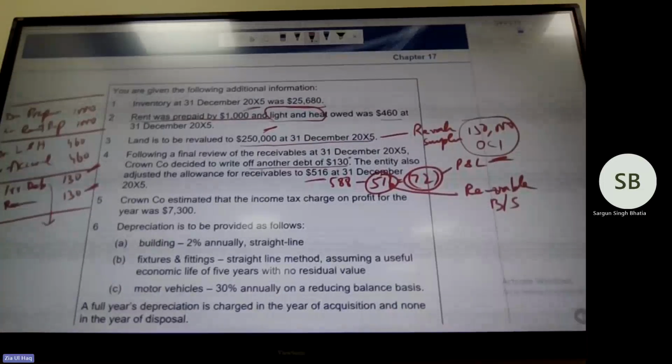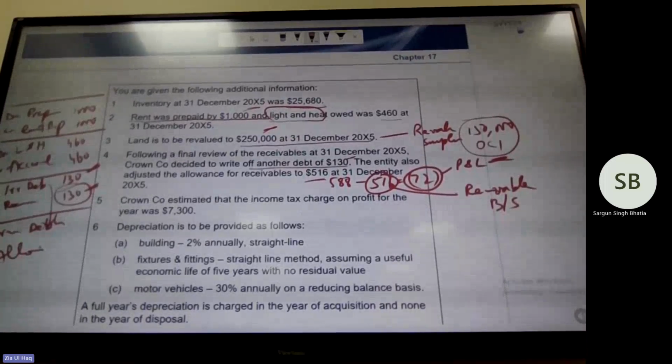For bad debts, they should be recorded as an expense in the profit and loss account as irrecoverable debt and deducted from receivables, because the entry is irrecoverable debt debit, receivable credit. But for this 516, the accounting entry is debit irrecoverable debt and credit allowance for receivables with 72.